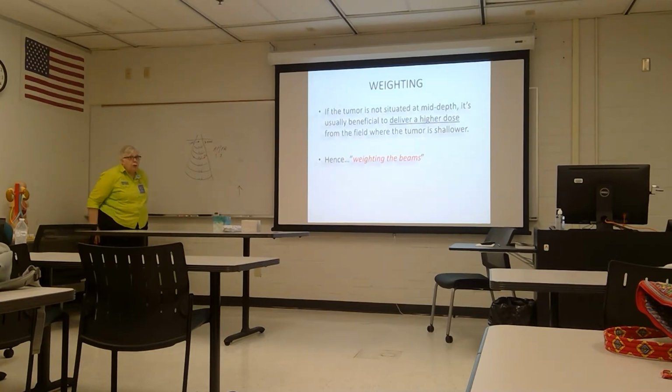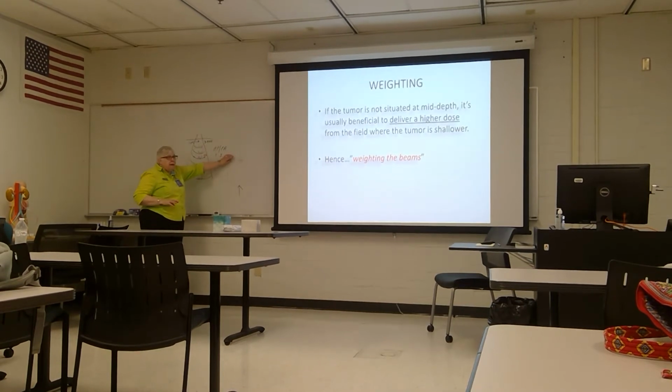So how would you go about finding out how much to give each field? I've made it really easy. It's never as easy as this. So you've got 1 to 2, so you're right, twice as much for the PA than the AP. Does that make sense to everybody?